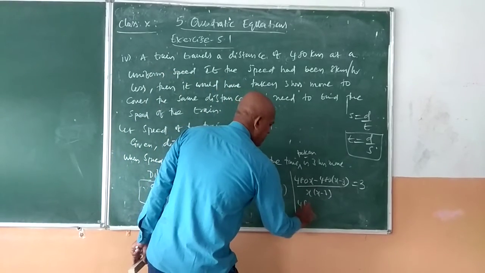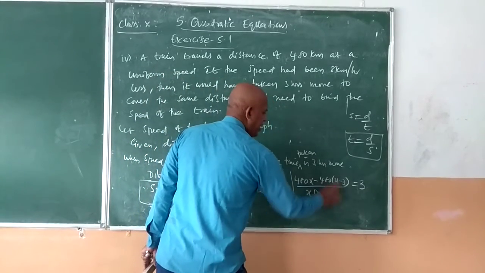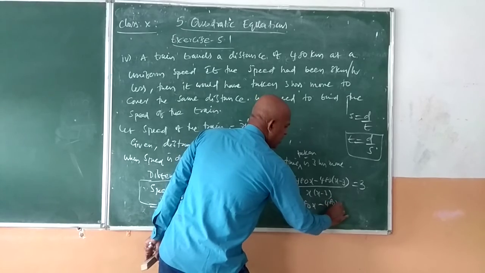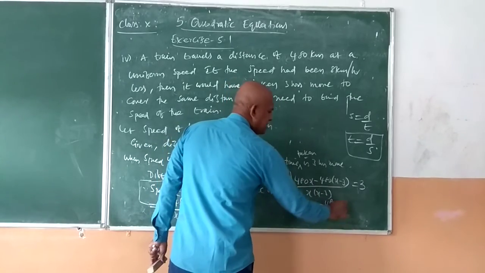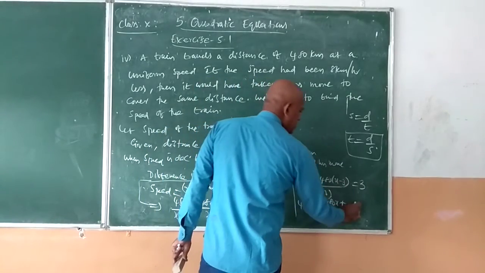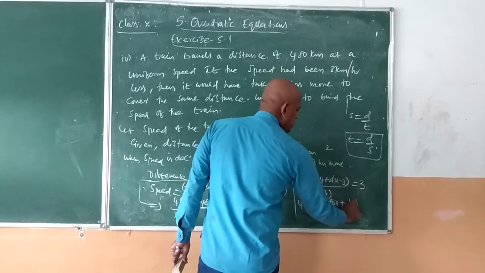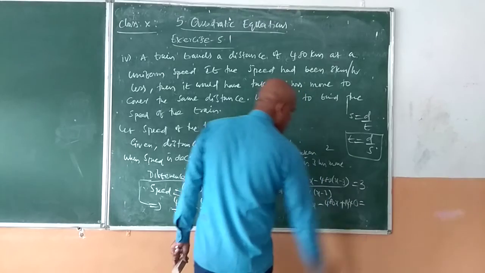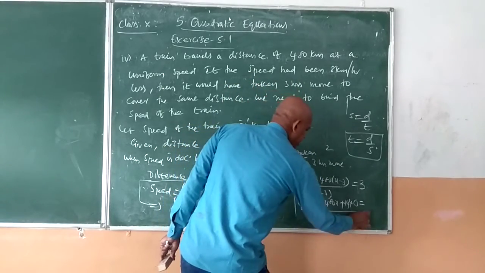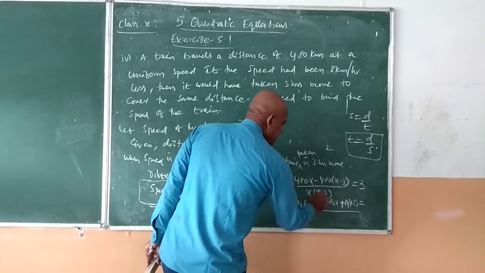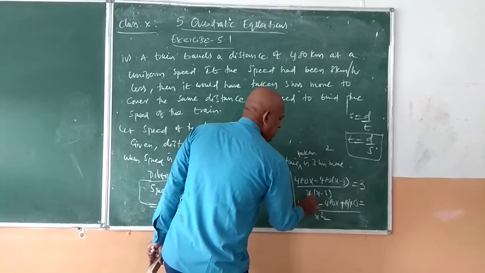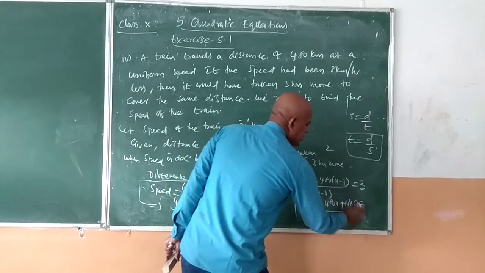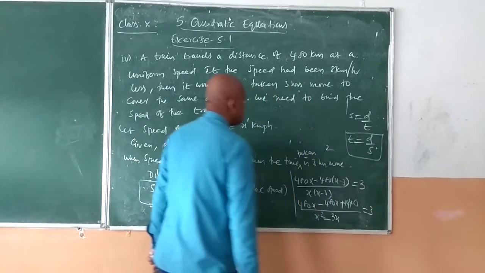Open this bracket: 480x minus 480 into x, minus into minus plus 480 into 3. 3 zeros 0, 3 8s 24, 3 4s 12 to 14, 1440, is equal to the whole divided by x into x square minus 3x, is equal to 3.